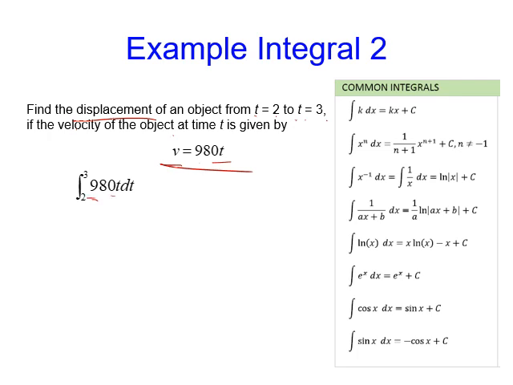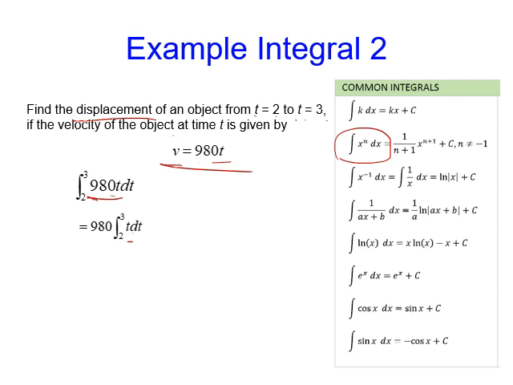So 980t, the integration. 980 is a constant, so we move it out of the integration, leaving only the integration of t. Using the power rule again, x equals t, and n equals 1.